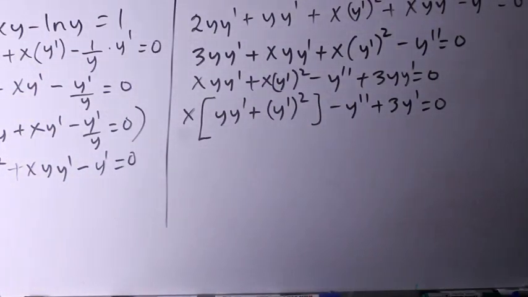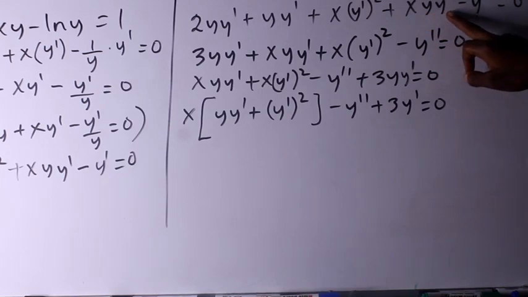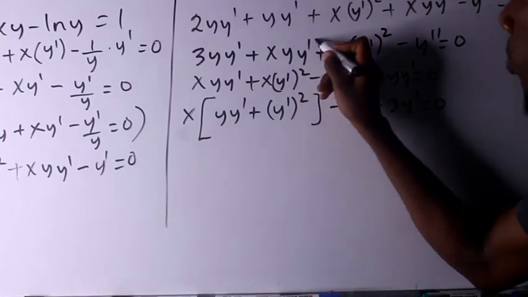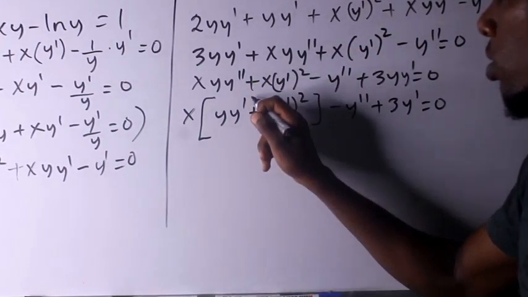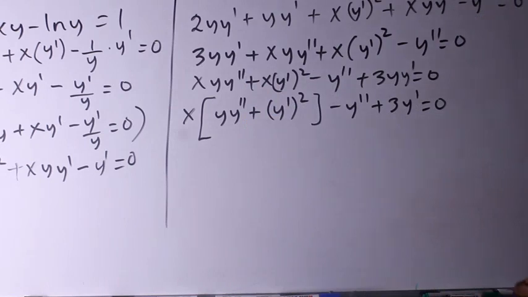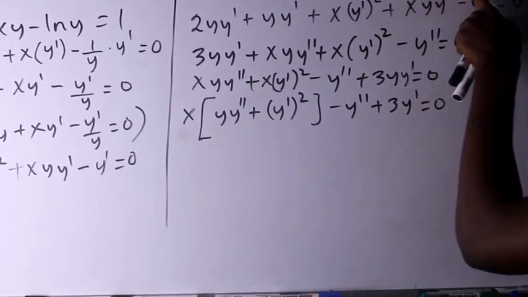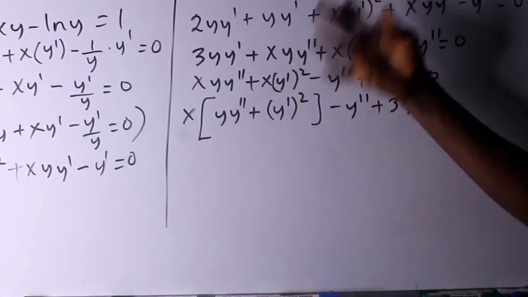Now, once I have done that, I have to realize something right here. Right over here, I have x y y prime prime, so this should have been x y y prime prime when I was rewriting it. So the problem came from right here when we were rewriting this. So we need to write this and then write this. So that's it, the logic is flowing.